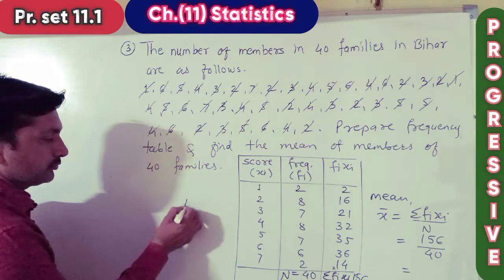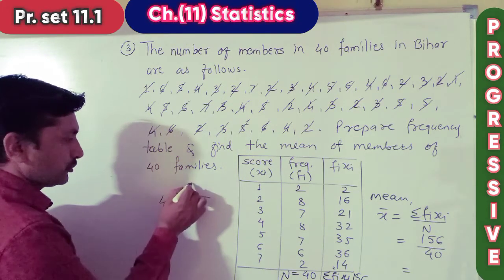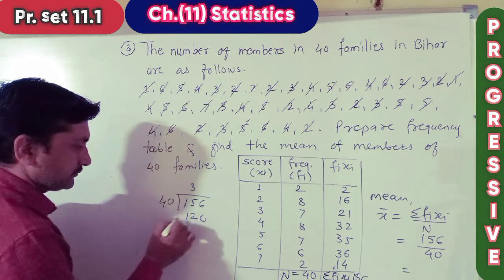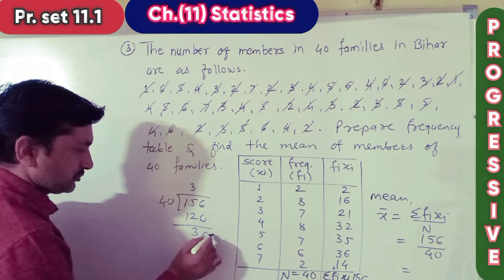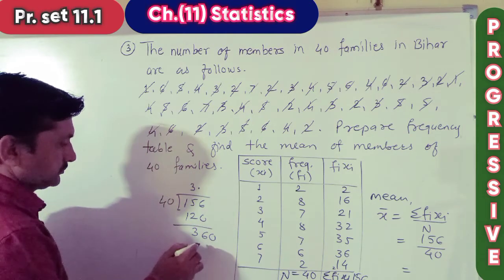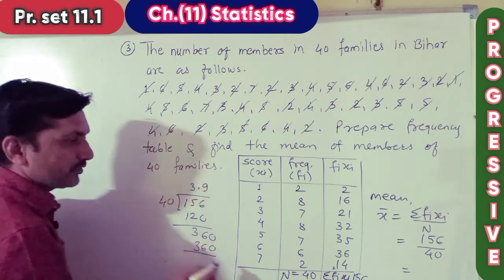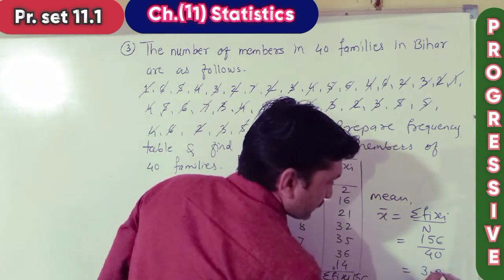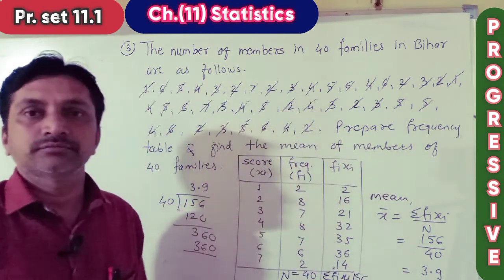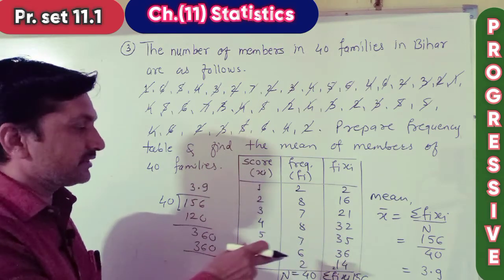Here I do it in rough. 156 divided by 40. 40 3s are 120, 36, 0, decimal point, 9s are 36. 3.9, and approximately 4. Now the mean of members of 40 families is 4.